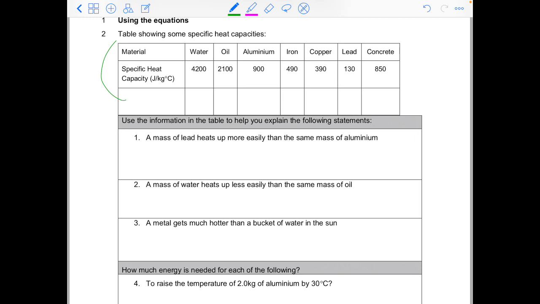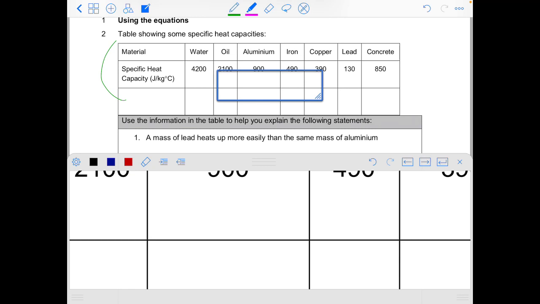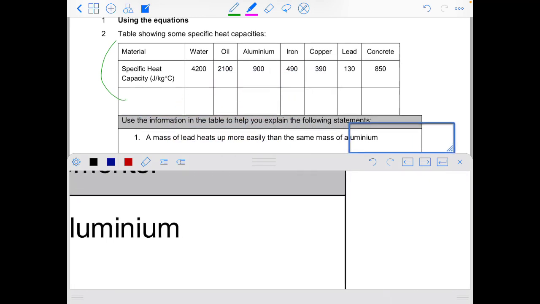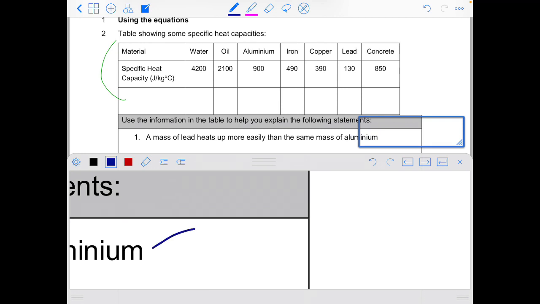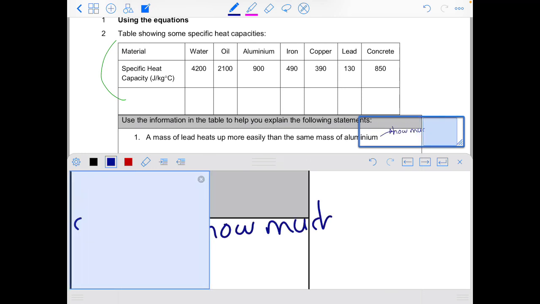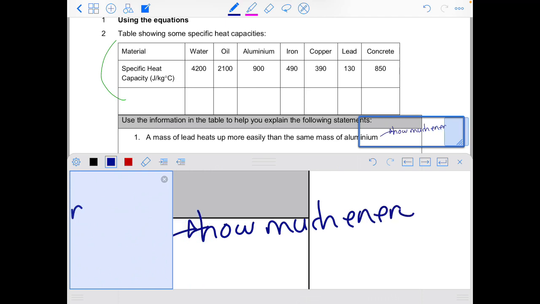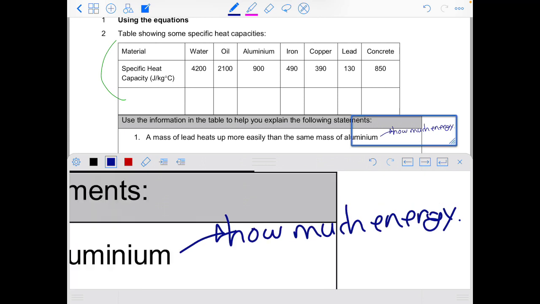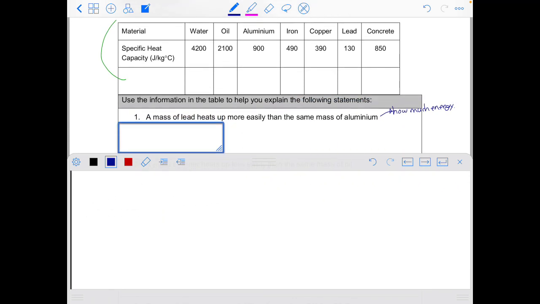If we're talking about how easily something heats up, we're essentially saying how much energy does it need? And if we're talking about how much energy something needs to heat up, we know we're talking about specific heat capacity.